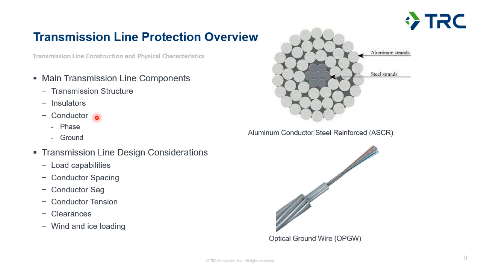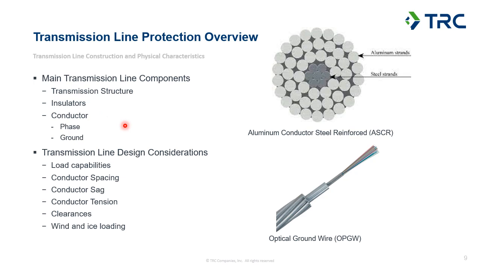The tension of the conductor, there's a lot of stress on that transmission structure. The clearances between the line conductors and the ground, between that and adjacent trees and other vegetation, or between that and other adjacent transmission lines or lines that may be crossing underneath the transmission line. And then finally, wind and ice loading.